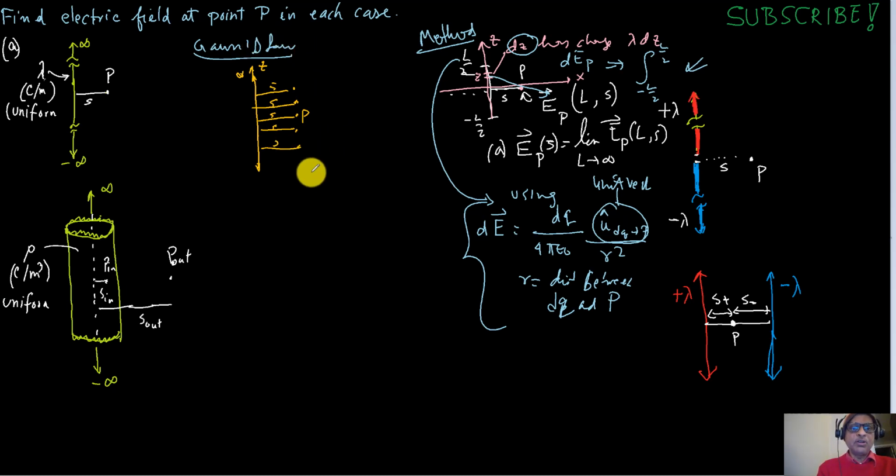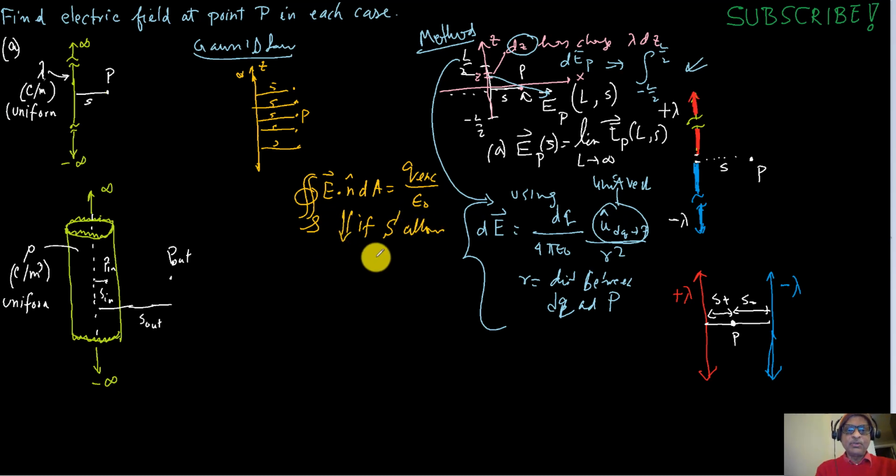So if you remember, Gauss's law is the flux of the electric field, E dot n hat dA, on this closed surface equals Q enclosed over epsilon naught. So I can, if S allows E to come out, the electric field may be some magnitude E and it has its own direction.